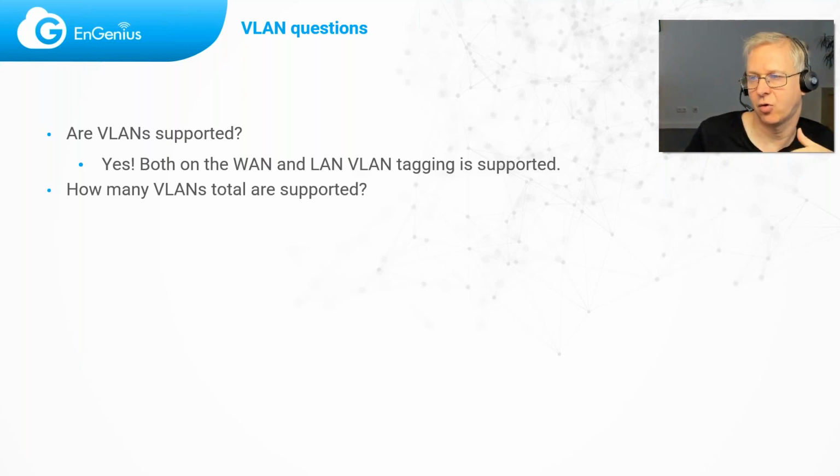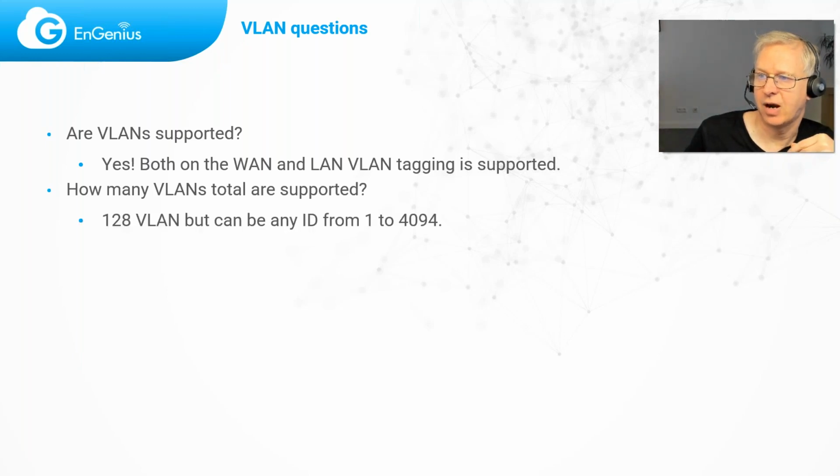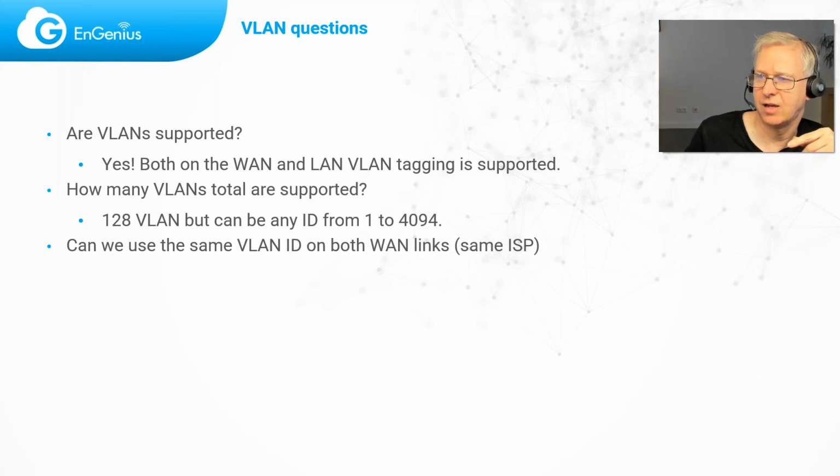In the case of your local networks, you can just add VLANs to the interface. There are 128 VLANs, and in this case, those are the local area network VLANs supported, which can be any ID from 1 to 4094.